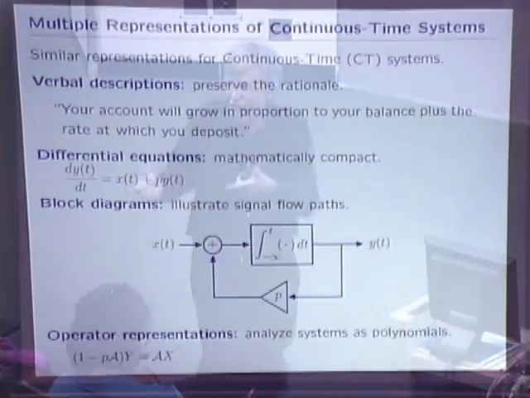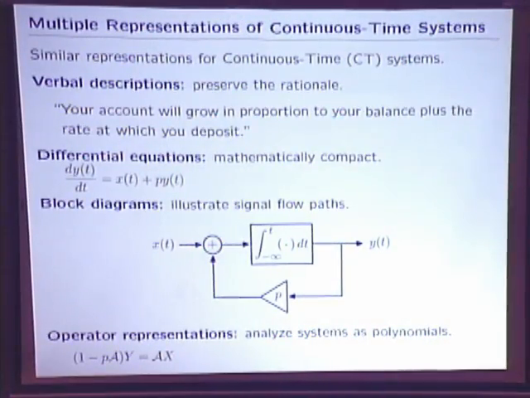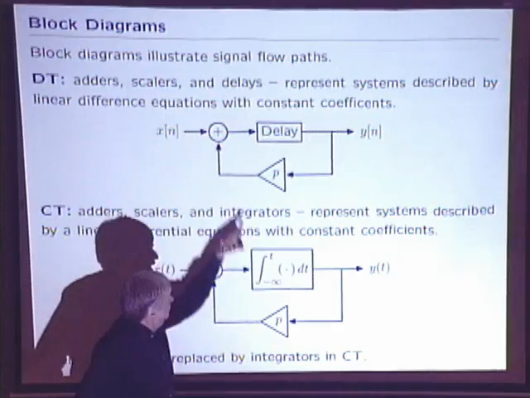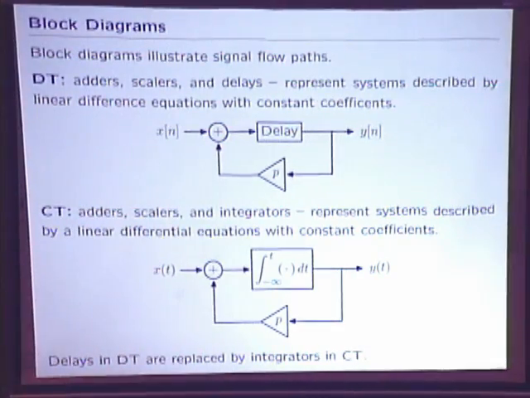If you contrast that to a CT system, the fundamental operation is not delay. You know from 1803, you know from physics, you know from lots of other exposures that the fundamental operation is differentiation. And so the blocks will not be built out of delays, but will instead be built out of integrators. Apart from that, the block diagram structure looks extremely similar.